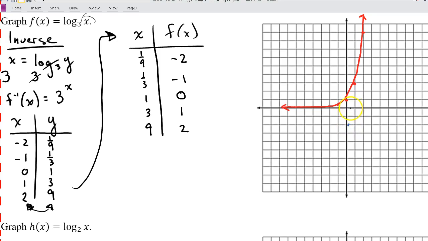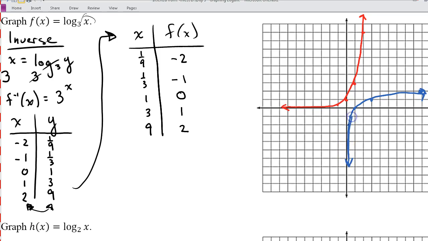And then 1/3, -1, 1, 0, 3, 1, and 9, 2. And again, we're just going to draw in a nice smooth curve. In this case, it's going to approach the y-axis as an asymptote, and then come along this way.